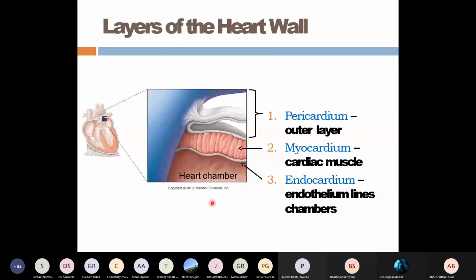The wall of the left ventricle is much thicker in comparison to the right one because it has to pump to the whole body through the aorta, whereas the right ventricle only has to pump into the pulmonary artery, which goes into the lungs. So in order that blood flows systemically throughout the body, it has a powerful pump, and it has to pump against high pressure.